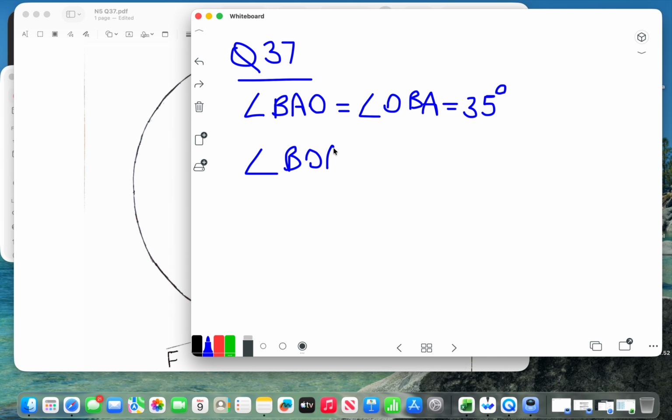So this angle is going to be 180 degrees minus the other two angles. Hence that is 110.